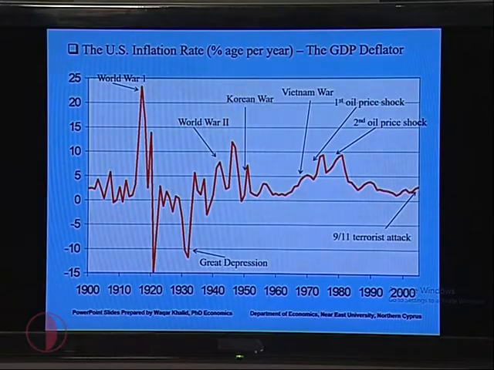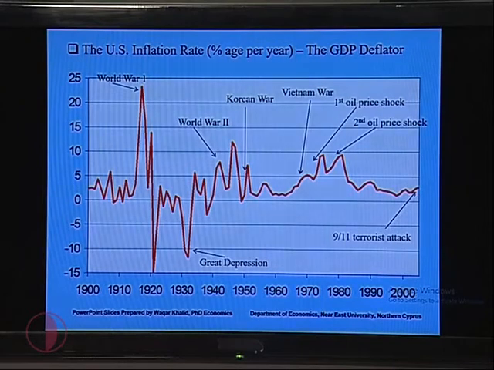So, World War I, the graph is at its peak level. But what about the Great Depression of 1929? During the era of the Great Depression, the graph is at its lower level, showing a minus value of the inflation rate.